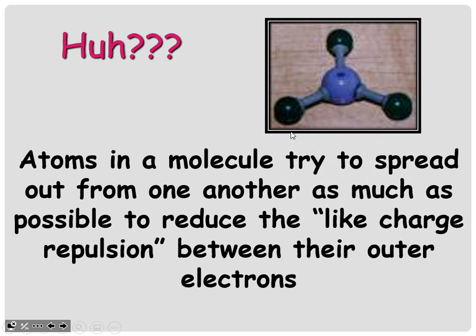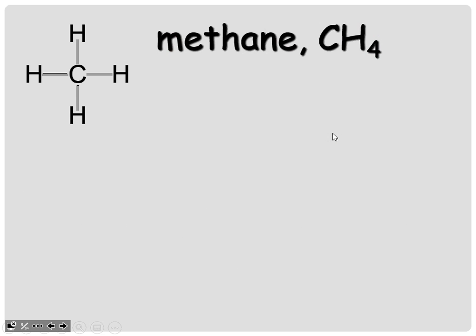So, basically, in layman's terms, atoms in a molecule try to spread out as far away from each other as possible because the negative charges are repelling each other. I look here at methane. Like I said before, that appears right there to be a 90-degree angle.